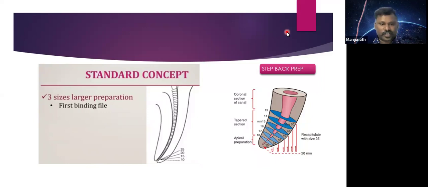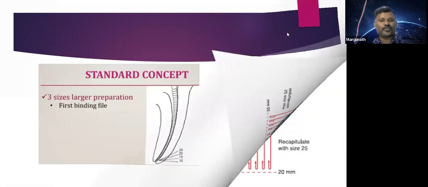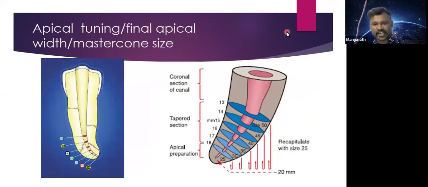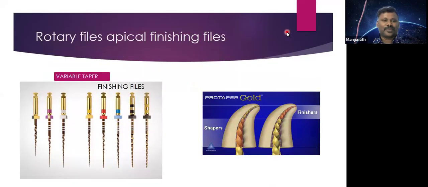According to the current rotary files concept we use, what will be the final finishing file? When it comes to rotary files, they will have given you the apical finishing files. If it is a variable taper, there are F1, F2, F3, F4, F5. There are 5 different finishing files.